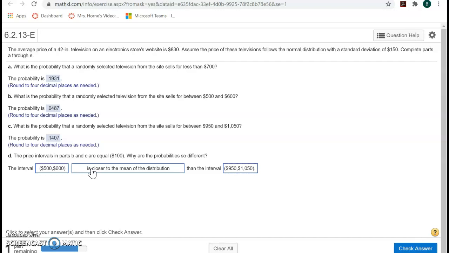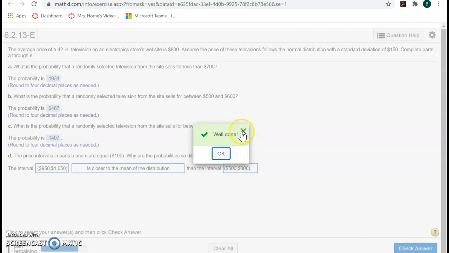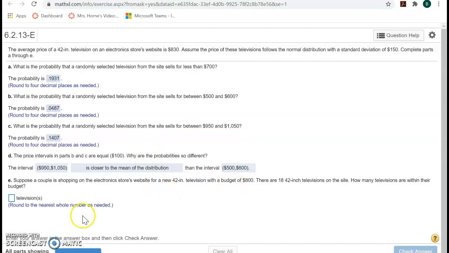Hold on, the mean is 830, isn't it? So 950 is actually closer to 830. I had that backwards. So if it's closer, the probability is going to be higher.